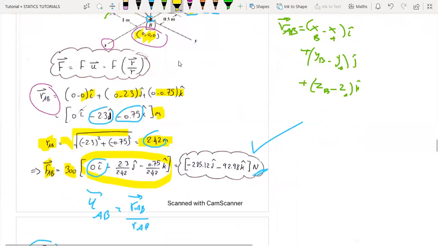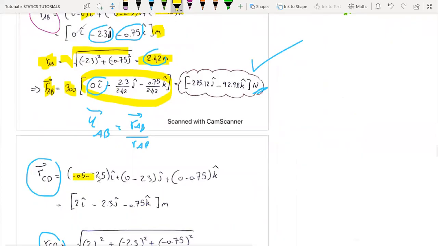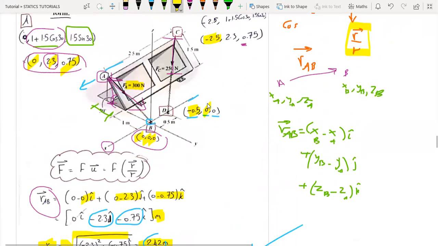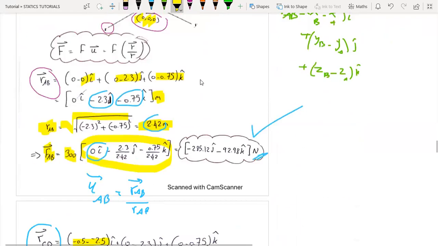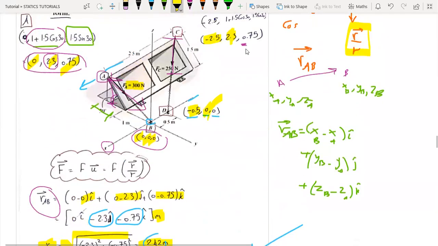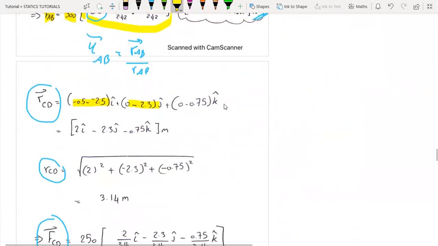Minus 2.5. So here minus 0.5 minus minus 2.5 i hat, then 0 minus 2.3 j hat, and finally 0 minus 0.75 k hat. And we will get the position vector in meters.